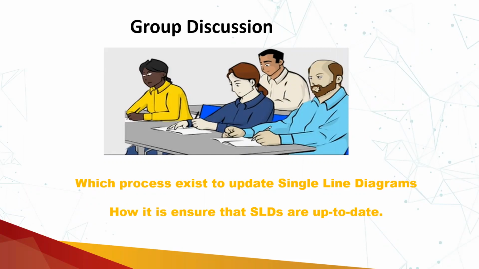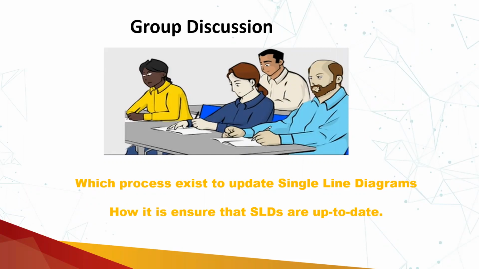So for example, in your case, if there are some diversion cables, or if some cables have been removed and diverted to another substation, how frequently are your single line diagrams updated?